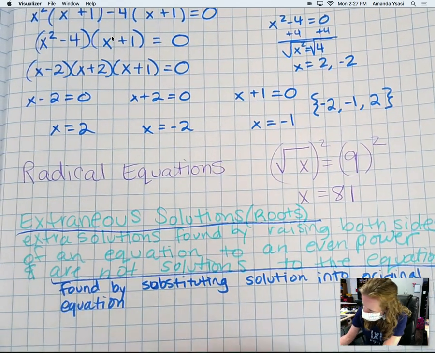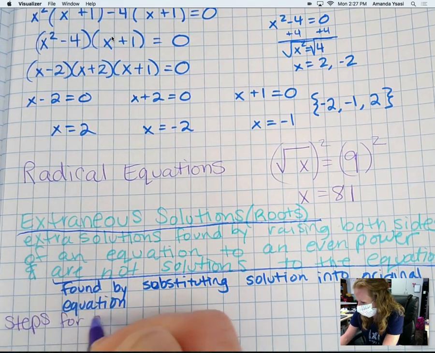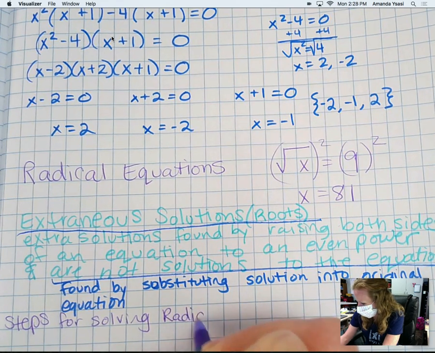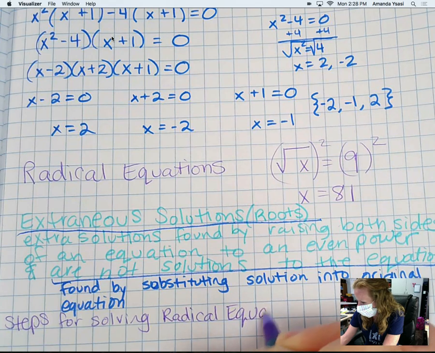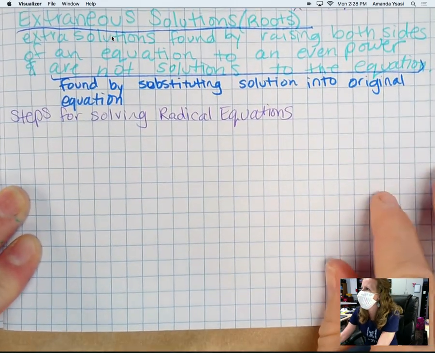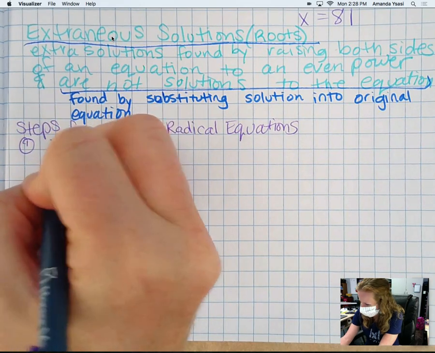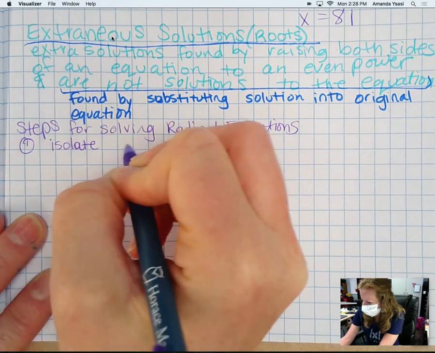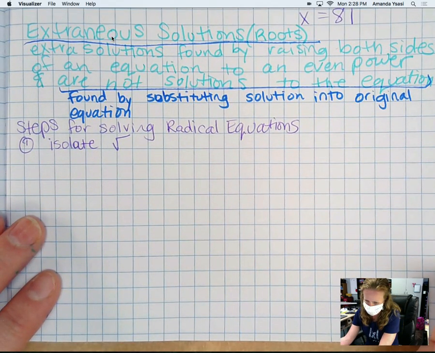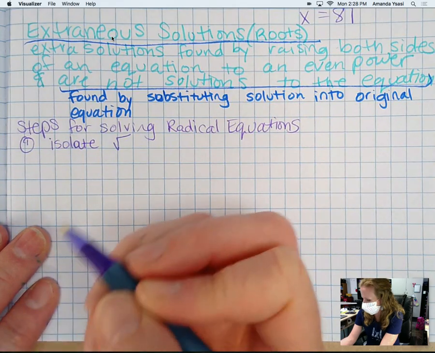All right, so we need to know the steps for solving radical equations. Step one would be to isolate the radical. Just like we isolate the variable usually, we're going to isolate the radical.